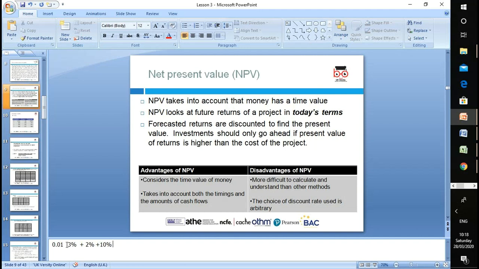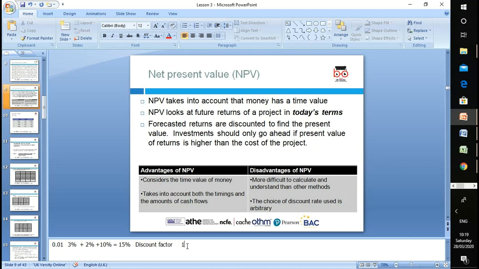So if you add it all up, 3, 2, and 10, the cost of your capital is 15%. So what you can do is use the discount factor. Normally we are given a discount factor table, and we can always find one online for any project.